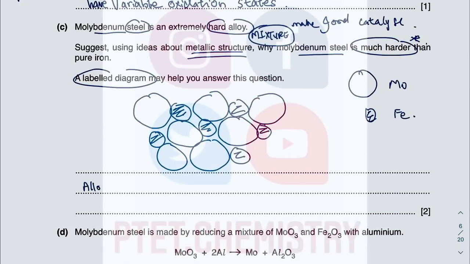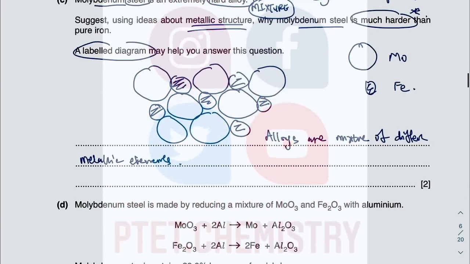Alloys are mixtures of different metallic elements. Because they are still mixtures, they still retain the same atoms there. So what happened is these are the cations, but then obviously you have electrons.